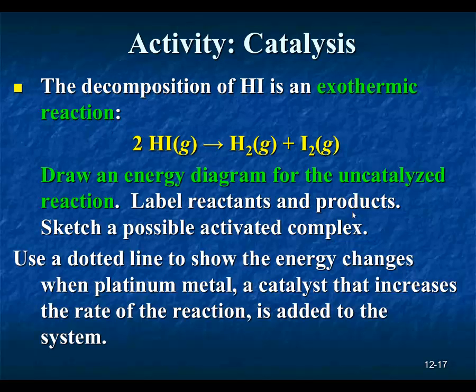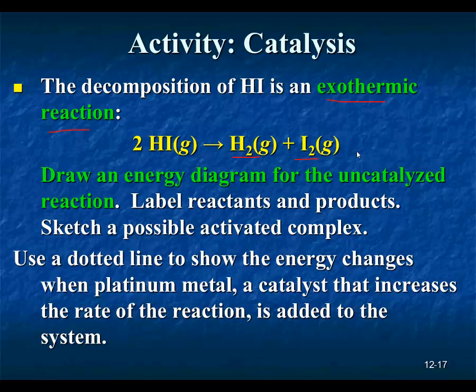Now, as we consider the decomposition of hydrogen iodide, it's an exothermic reaction, and as hydrogen iodide is decomposing, we form hydrogen gas and iodine gas. Okay, what I would like you to do is pause the video, and with your local instructor, try to draw an energy diagram to show the uncatalyzed reaction.